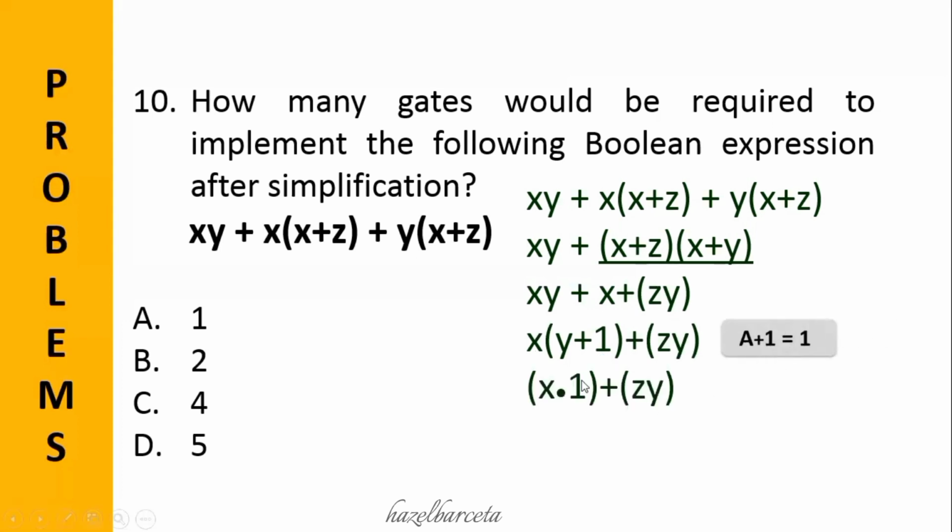Therefore, x times 1 plus z times y. We also have this law, A times 1 is equal to A. Therefore, this is x plus the quantity of z times y. How many gates are there? Yes, there are 1, 2. So the answer is 2 gates. Ayan.